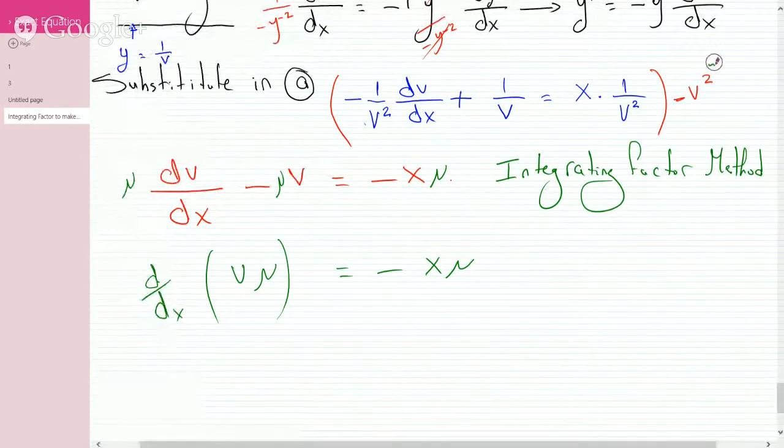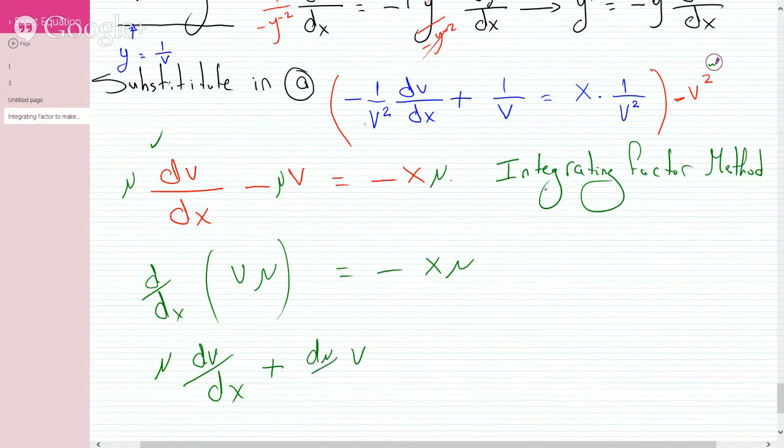So apply the product rule on this and you will get mu times dv over dx, which is this term right here, plus v times d mu over dx, has to equal minus x mu. You understand? Now, this term is the same as this term here.